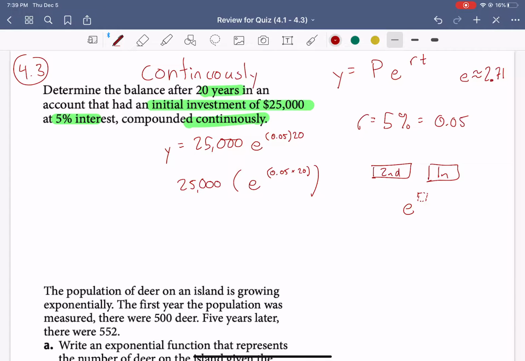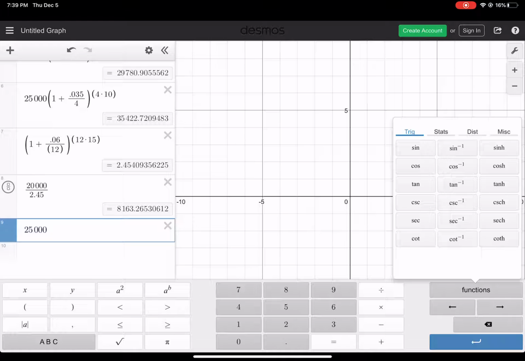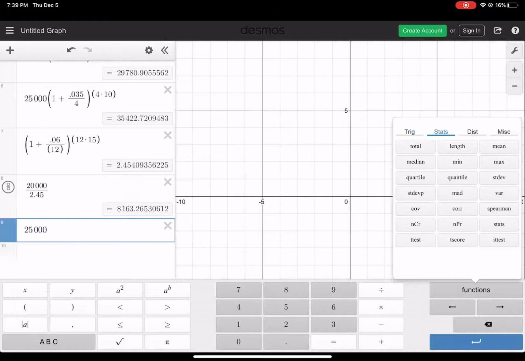All right, so let's try that. $25,000, and I don't see E on Desmos, so I need to go into functions and see if it's there. So stats.